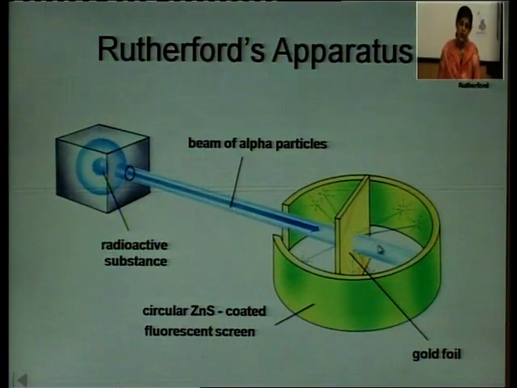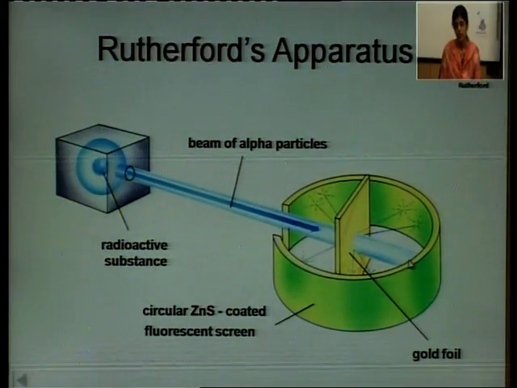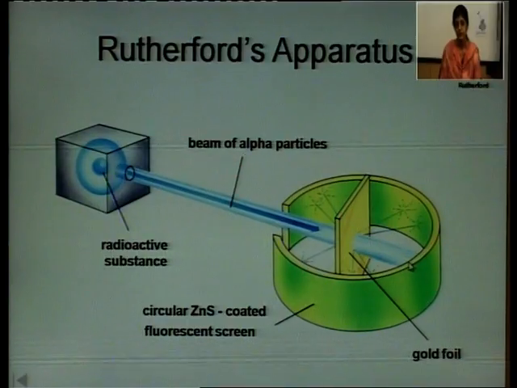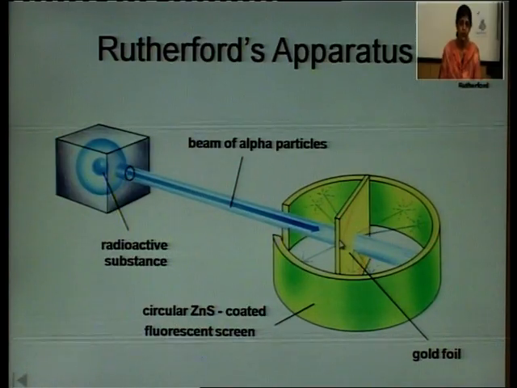Now, when the alpha particles are striking this gold foil, we see that the maximum particles are passing straight through the gold foil. A few particles are deflected by small angles, and a very few particles return back. They are striking the gold foil and then returning back.